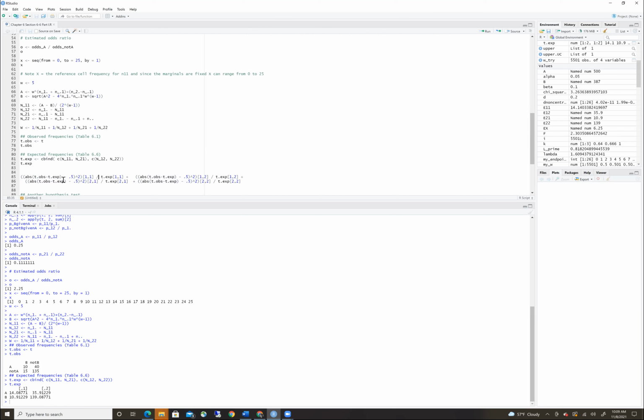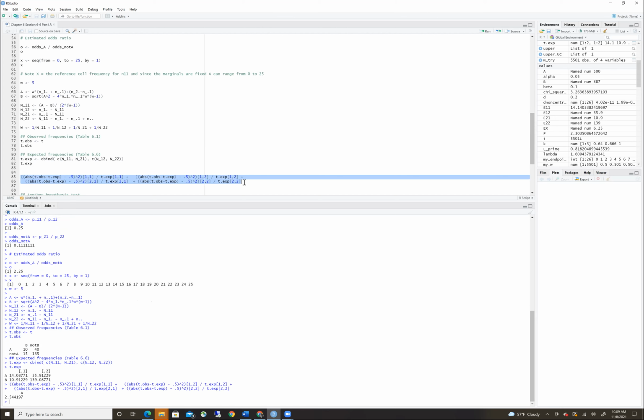We can do that for each of those individual cells, and we get a value of 2.56. And with rounding comparatively to the book, we end up getting 2.544 because we're not rounding the individual pieces, but we know that essentially everything has worked out pretty well.